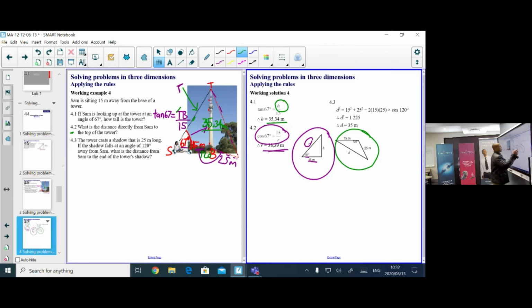So as you can see, the information given, we have a side angle side, which would give us to use the cosine rule because we are looking for D here, that distance from SEM to the end of the tower's shadow. So to do that, we can use our cosine rule, which we've been using, and it will give us D equals 35 meters. Wonderful.